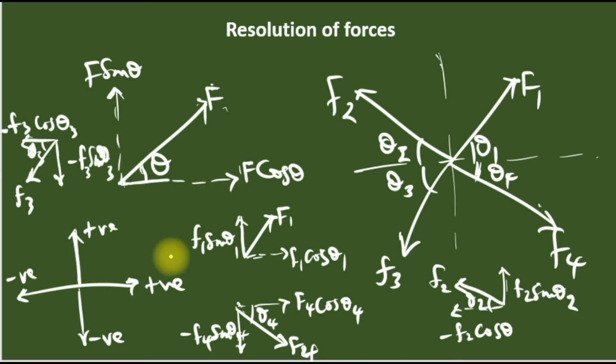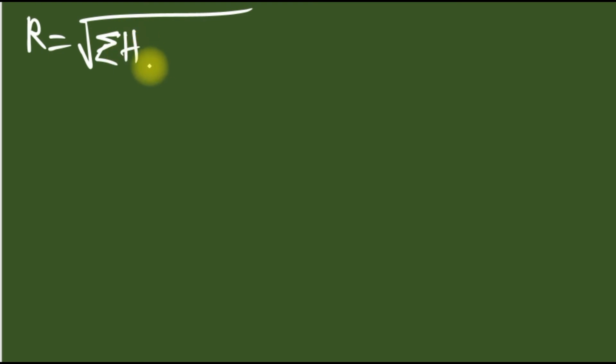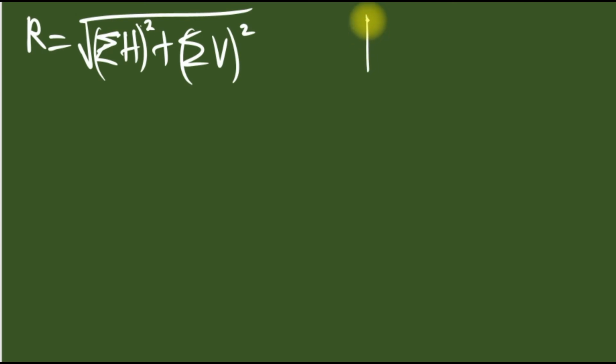So the resultant now is the square root of the summation of the horizontal component squared plus the summation of the vertical component squared, because the resultant will form to be like this.